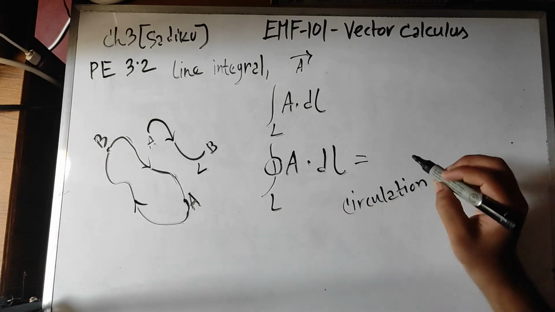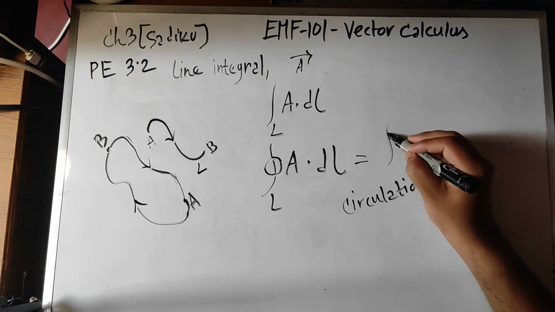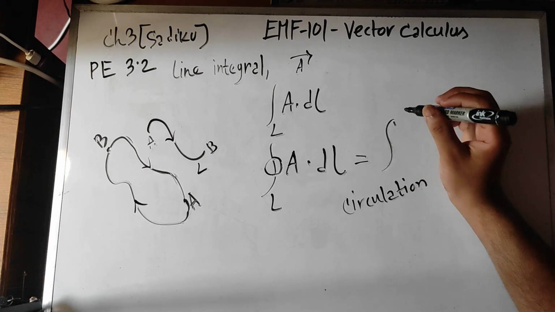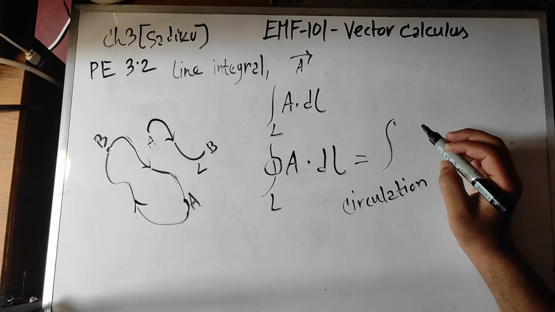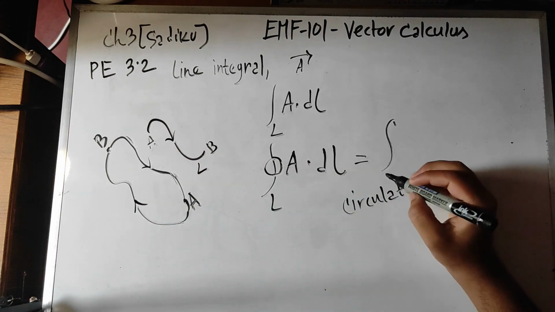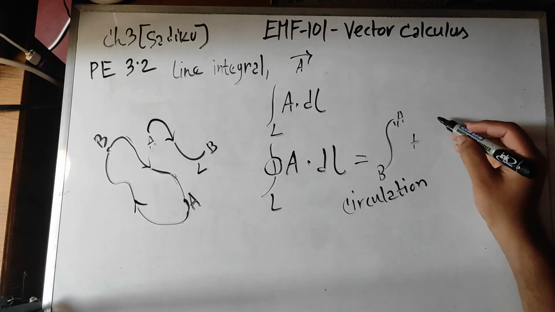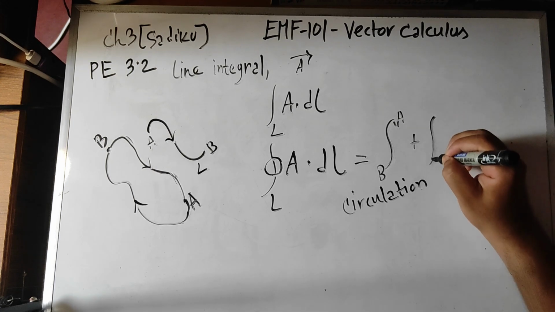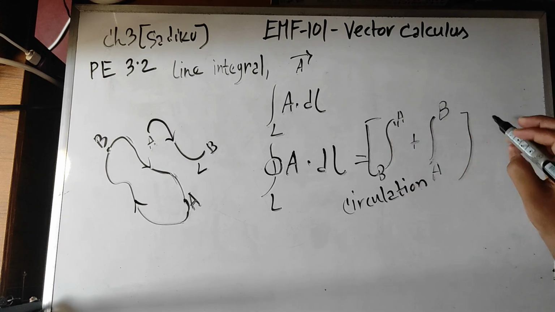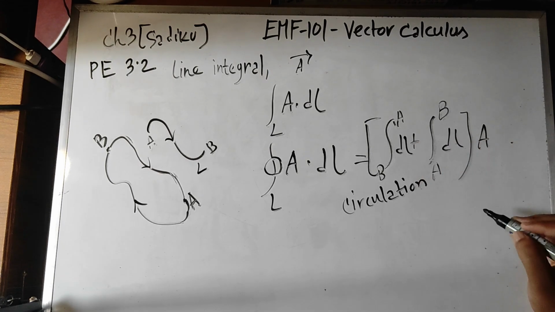For this closed loop, we can integrate in segments, part by part, say from B to A plus A to B, of A dot dl.